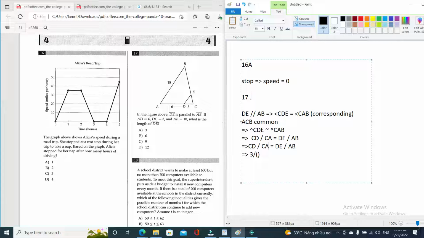CA here is going to be CD plus AD, so over 3 plus 6 is going to be equal to DE over AD, which is 18, right? So 3 over 9, 1/3, equal to DE over 18. So DE equals 6. Therefore the answer is B.